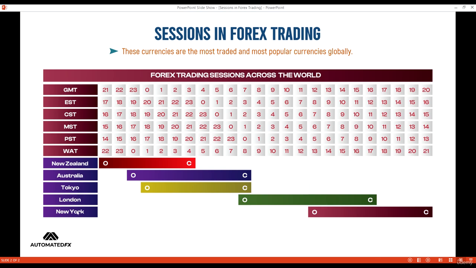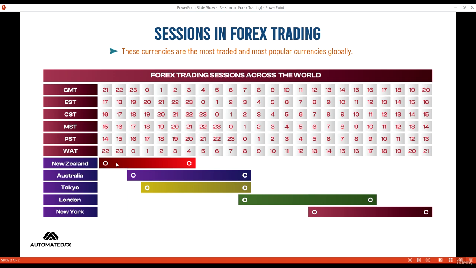We have the London and New York sessions intersecting at this point. We have the Australian session, the Tokyo session, and parts of the London session intersecting at this point. These points are the peak, or most active, trading hours, because more traders are trading in these intersections.